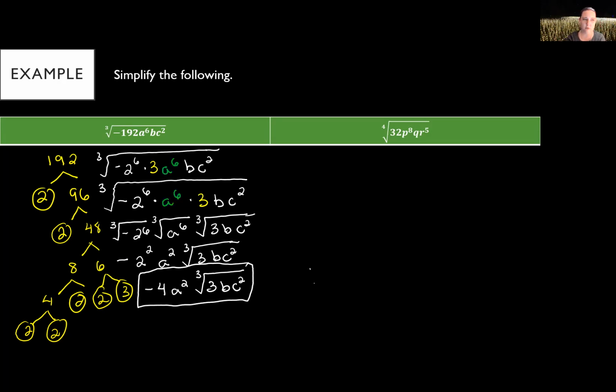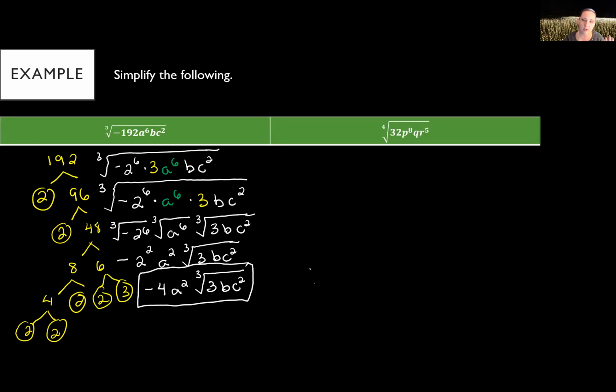So all I did was rearrange the order, because you're allowed to rearrange the order of multiplication. So the 3 was in front of the a to the 6th. I just flip-flopped it so the a to the 6th was first. And then that allowed me to put the things with my exponents that I could divide by 3 at the front. And then that attached the 3 to the b times c, because all of these things are multiplied together.